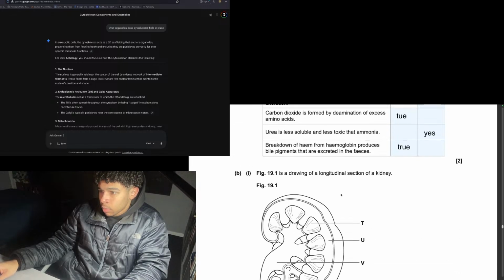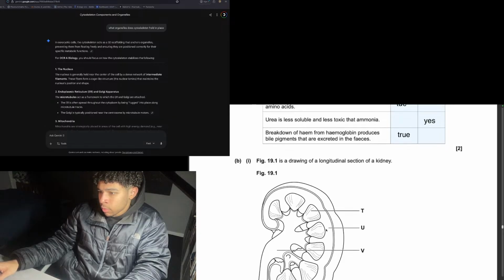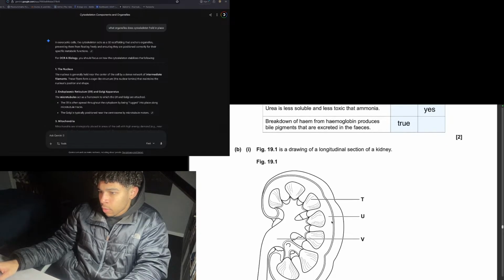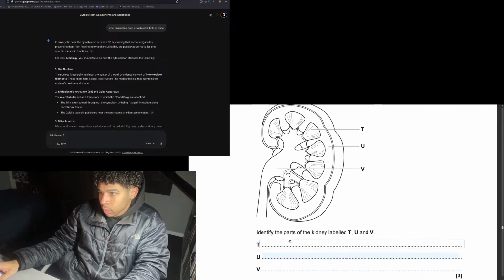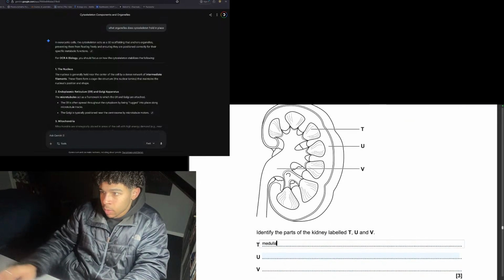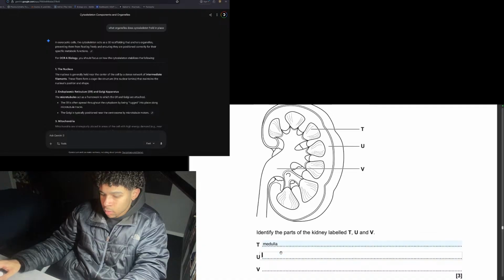Okay, label the parts. Okay, medulla, pelvis, cortex. T is medulla. U is cortex.